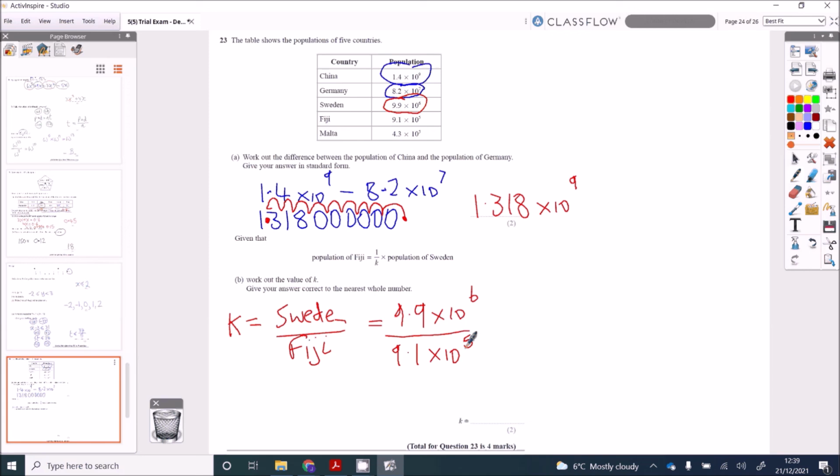So 9.9 times 10 to the 6, then go down to the bottom half of the fraction, divide it by 9.1 times 10 to the 5, and I get 990 over 91. And it says give your answer to the nearest whole number. So pressing the SD button, I'm getting 10.879... So to the nearest whole number, k is going to be 11.